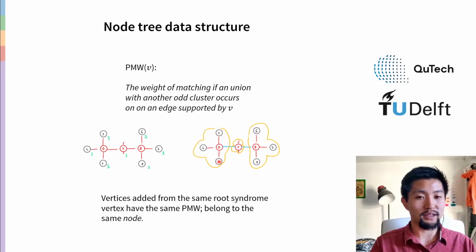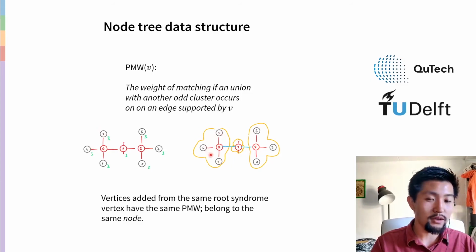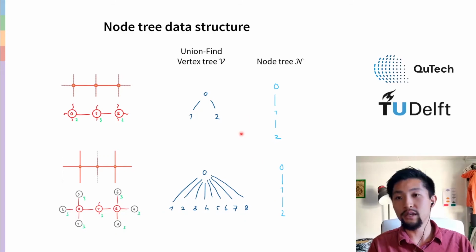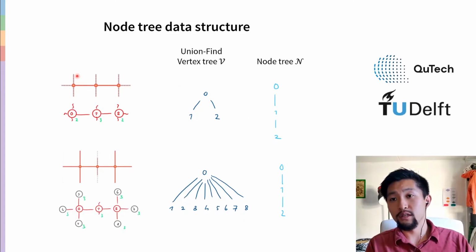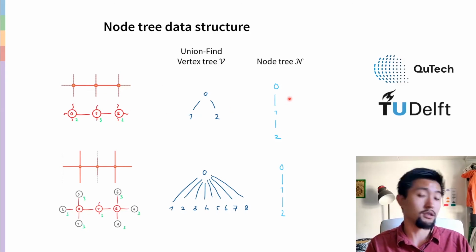reduced graph, basically, in which the vertices which are grown with the same root syndrome vertex belong to the same so-called node. So if we go back to our previous slide, when we have the size 3 cluster here with this vertex tree, the node tree will initially be 0, 1, 2, because all of these vertices are syndrome vertices.